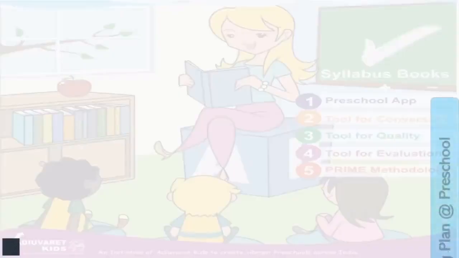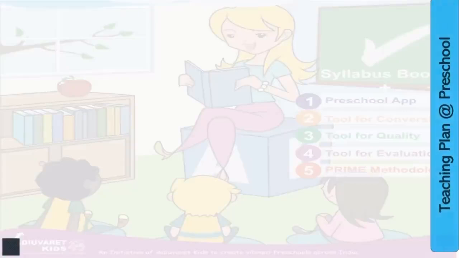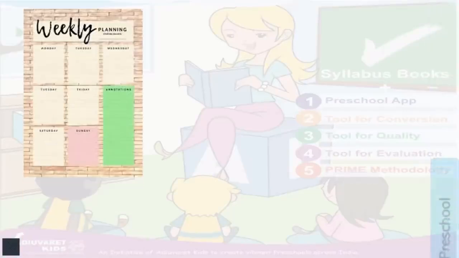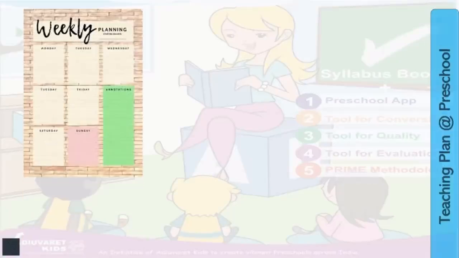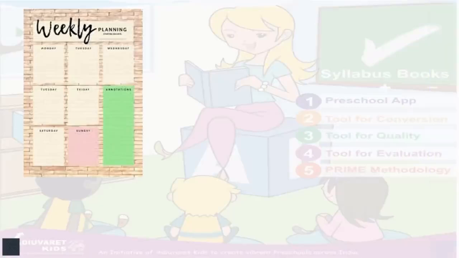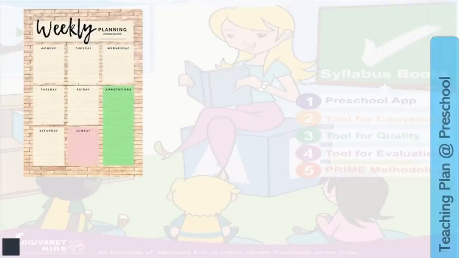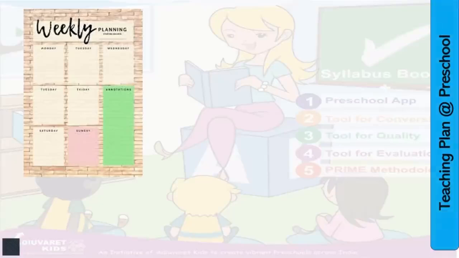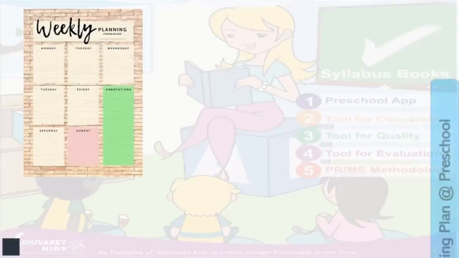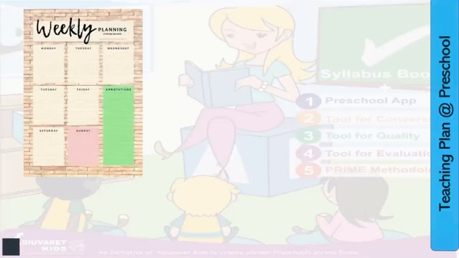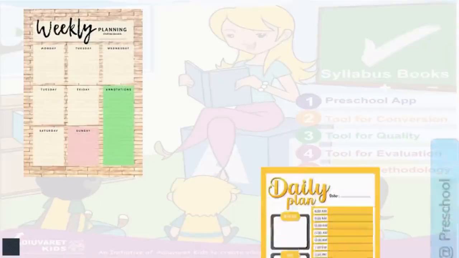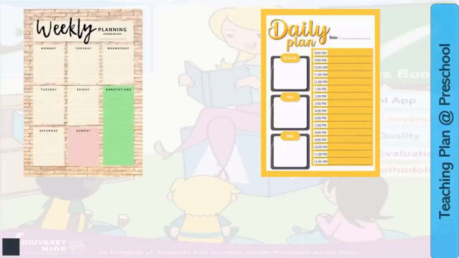For that purpose, if we look at the teaching plan at a preschool, we have a weekly plan that can be created in a preschool setup. That weekly plan will be created, and teachers and other staff will follow it to take care of the skill building activities among children.